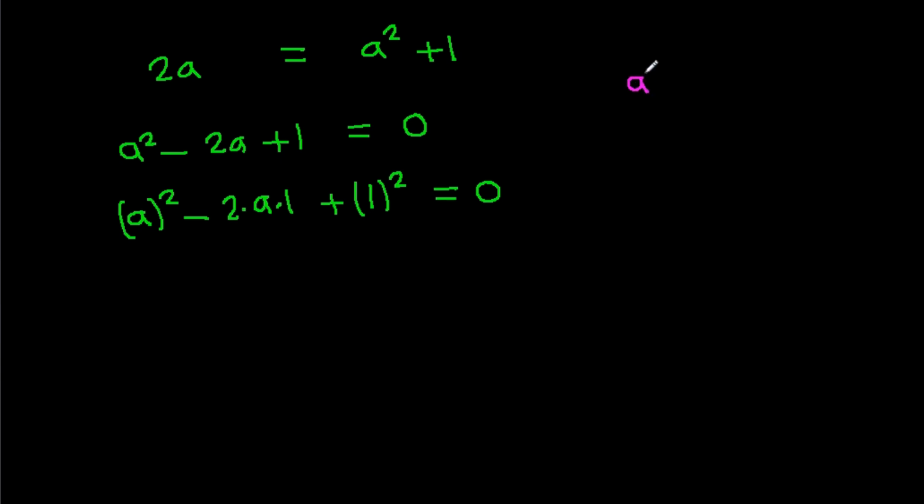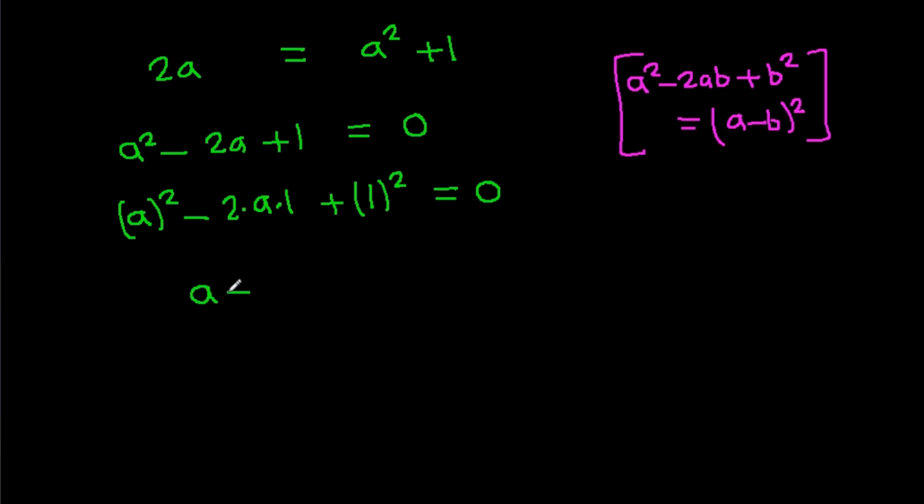and a square minus 2ab plus b square is (a minus b) square. So this will be (a minus 1) square is equal to 0. So a minus 1 will be 0 and a will be 1.